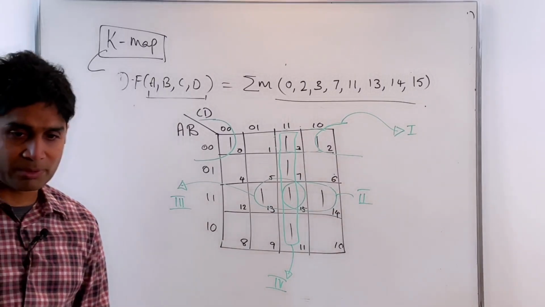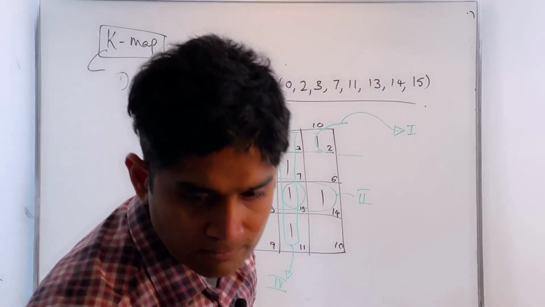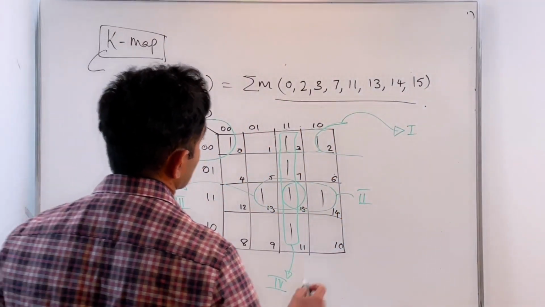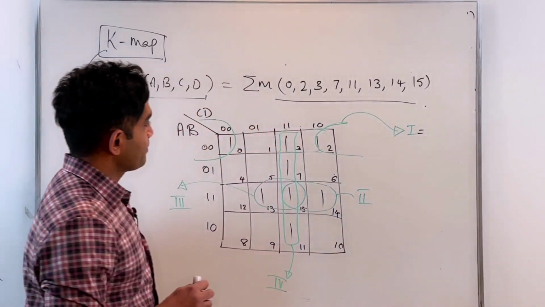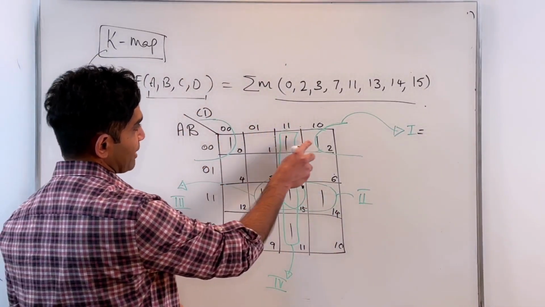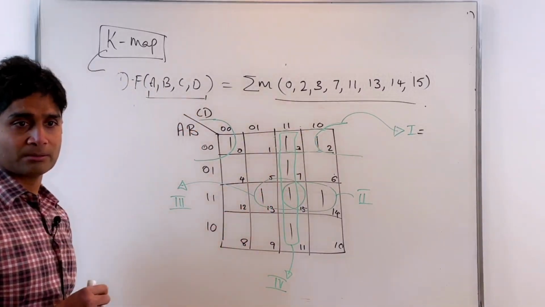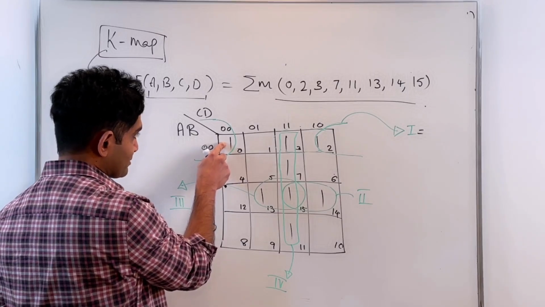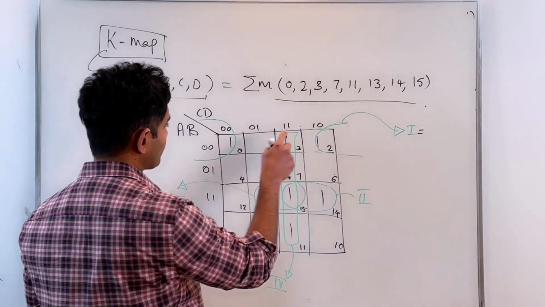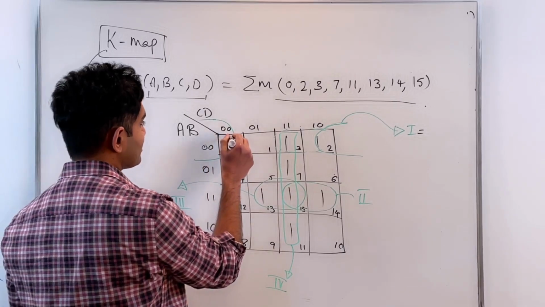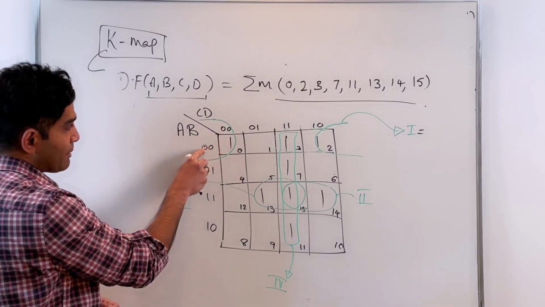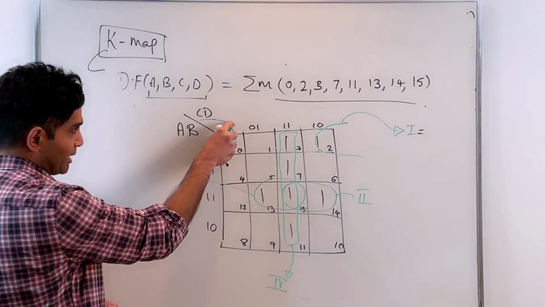Okay, so now what will be 1? Again, this cell is combined with this cell. Going from this cell to this adjacent cell, what are the variables that have changed? The min term corresponding to this cell would be a prime, b prime, c prime, d prime.